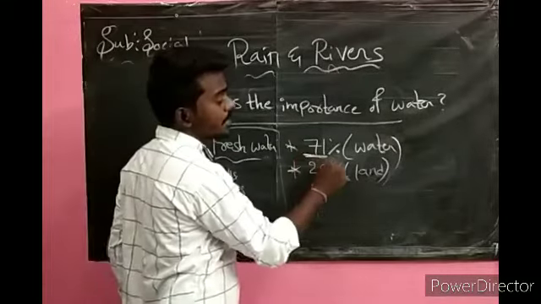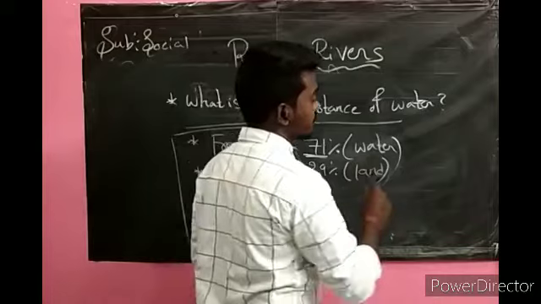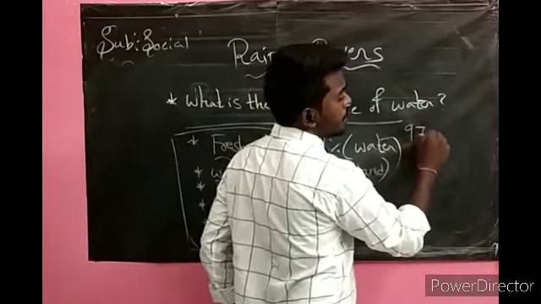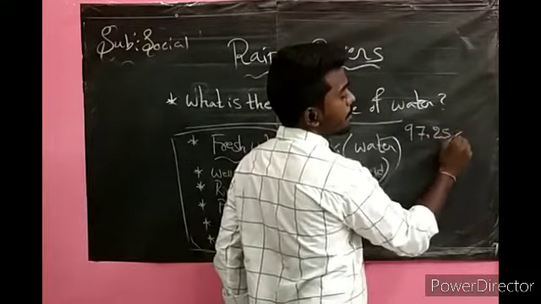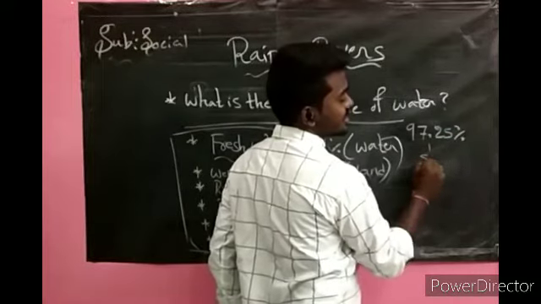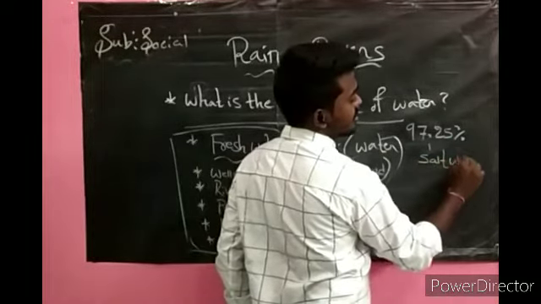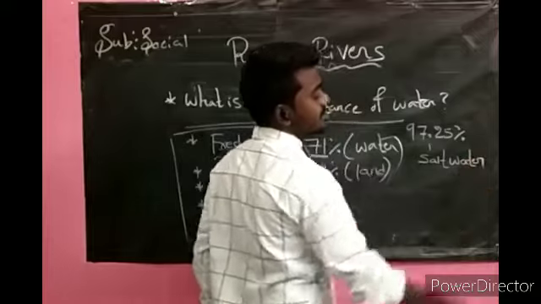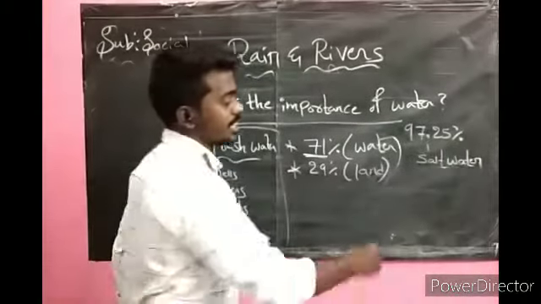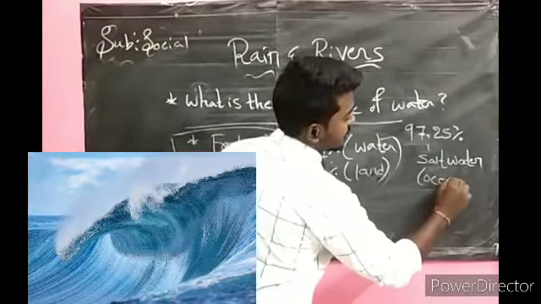In the 71% of water, 97.25% is salt water only, meaning oceans only.